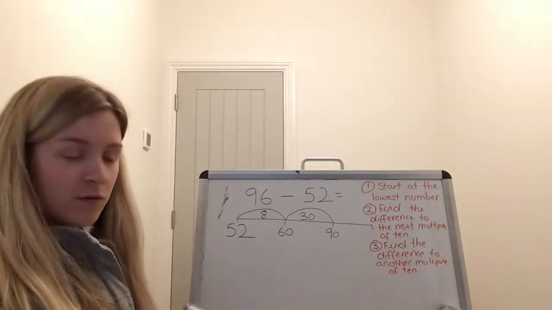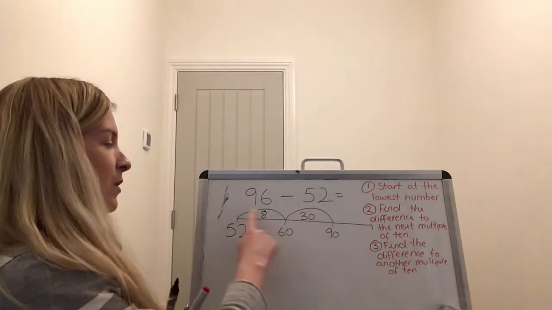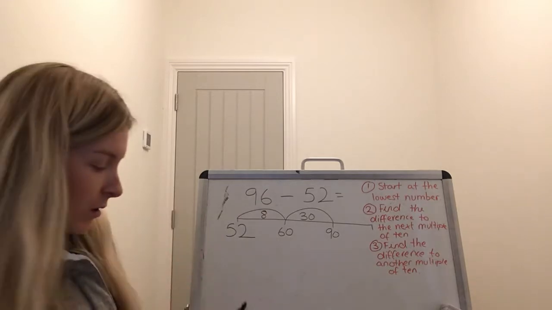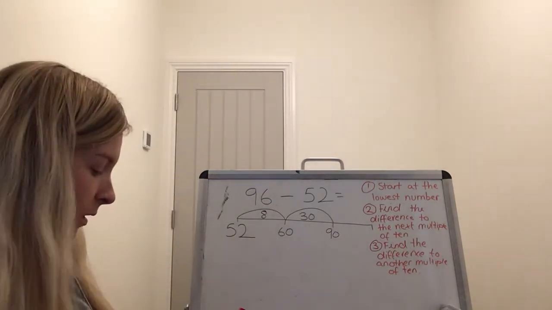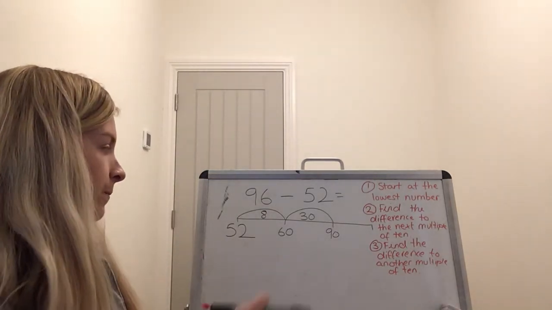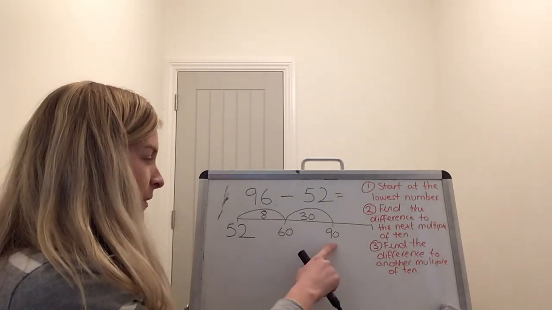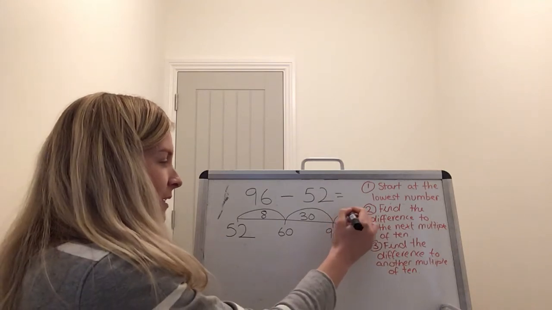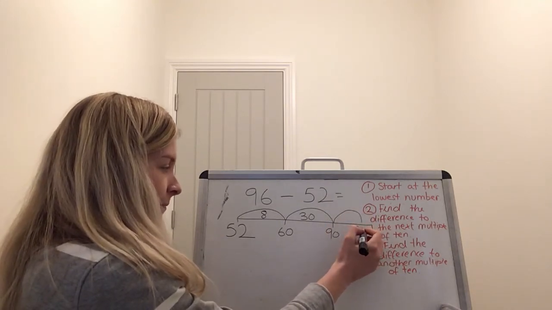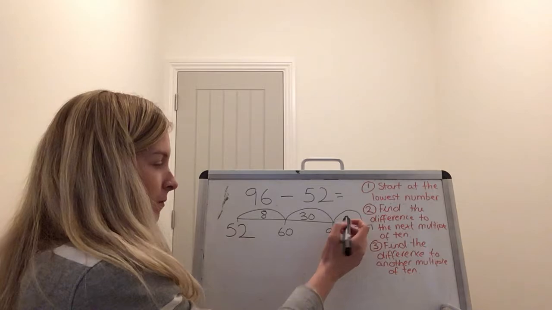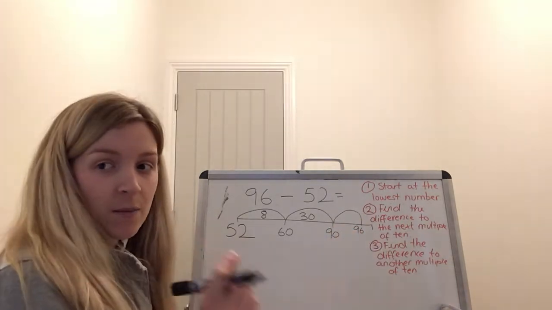I chose to find the difference to 90 because 90 is really, really close to the number that we're trying to reach. So, I've jumped to 90. I still need to get to 96. So, 90 to 96 is how many?